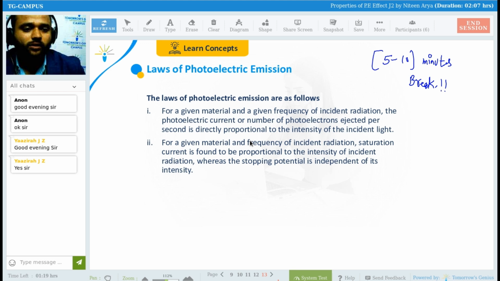This is in Hindi. I want to see this. Just a minute, beta.